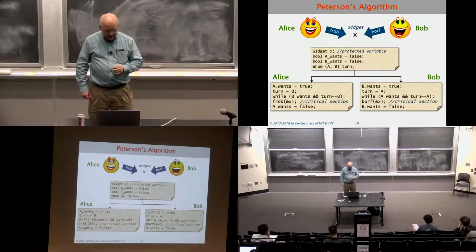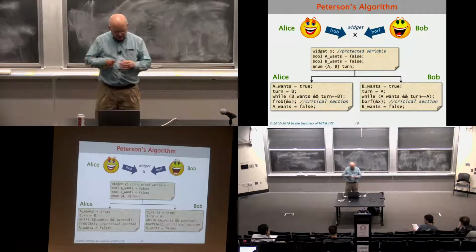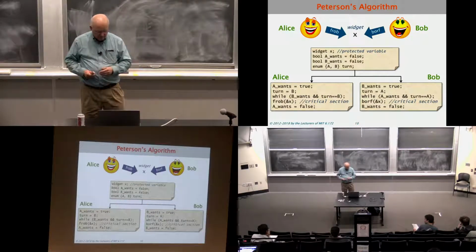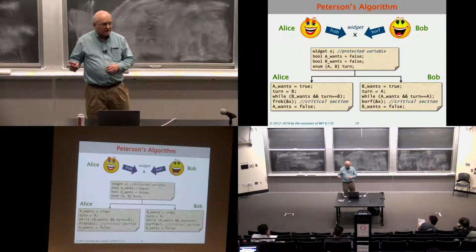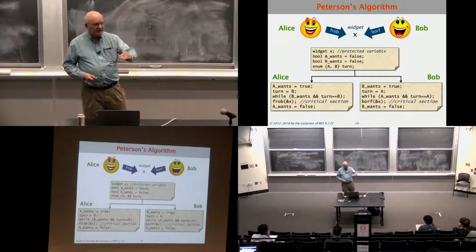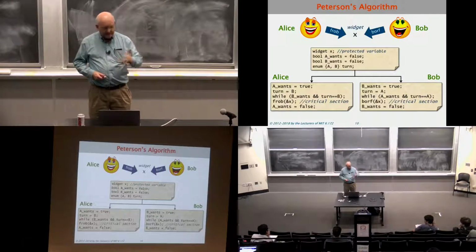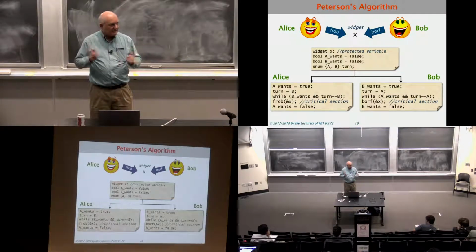And if it turns out that either Bob does not want it, or it's not Bob's turn, then that frees Alice to go into the critical section and frob X. And then when she's done, she says, I don't want it anymore.